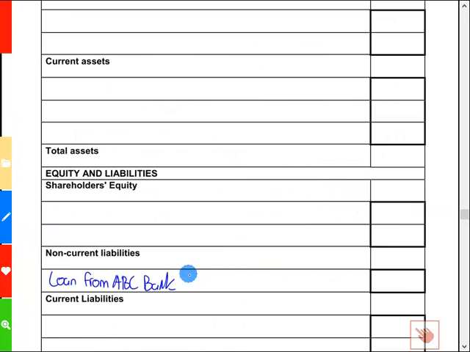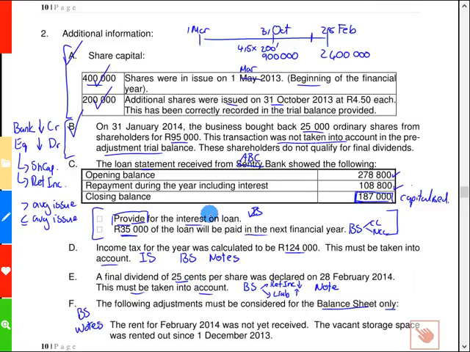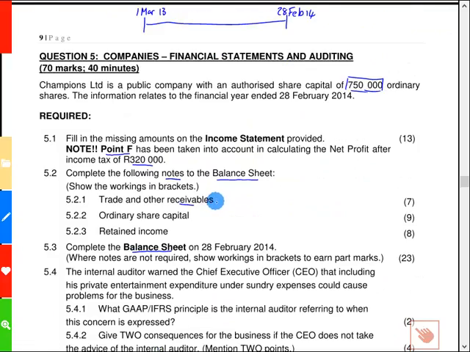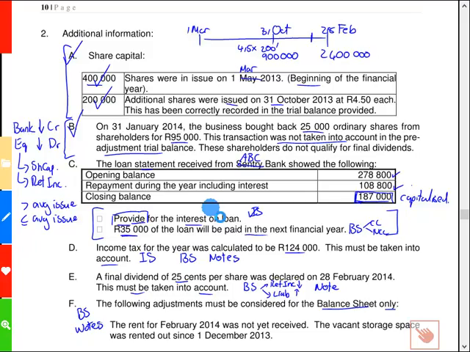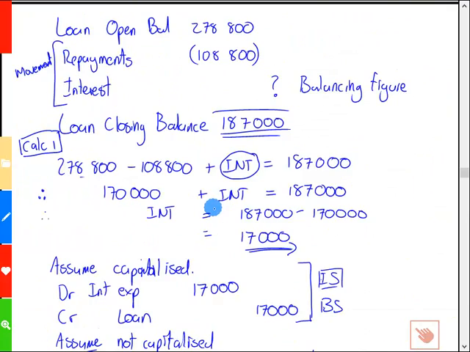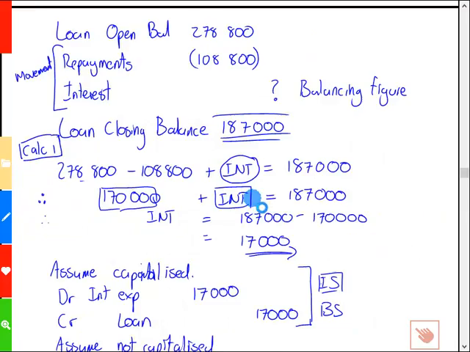You remember we said previously, here we had our loan. We said the loan closing balance is 187,000 Rand. That was the capital amount plus the capitalized interest. We assume that we capitalized the interest.